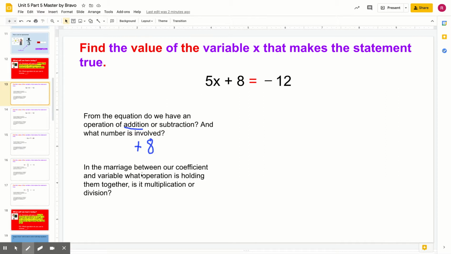It's adding 8. The next question I'll be asking you is, in the marriage between our coefficient and the variable, so let's go ahead and identify those. In the marriage between the coefficient, the number in front of the variable, and the variable, what operation is holding them together? Is it multiplication or is it division?